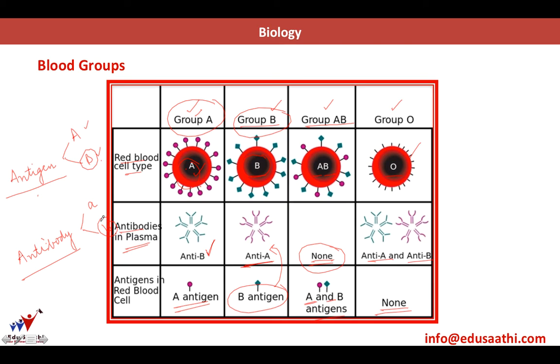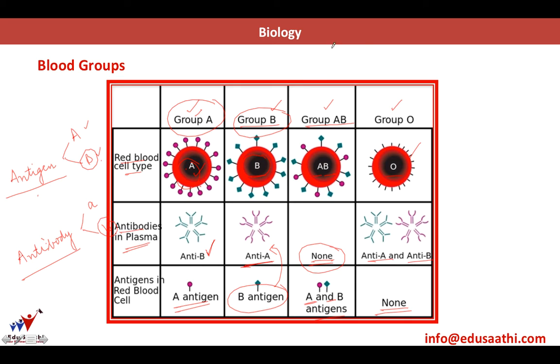This is known as agglutination of blood. Therefore, whenever blood transfusion is done, it has to be very carefully done, so that no antigen antibody agglutination happens. If there is antigen A, there cannot be antibody A in the blood. If there is antigen B, there cannot be antibody B in the blood that you are transfusing.